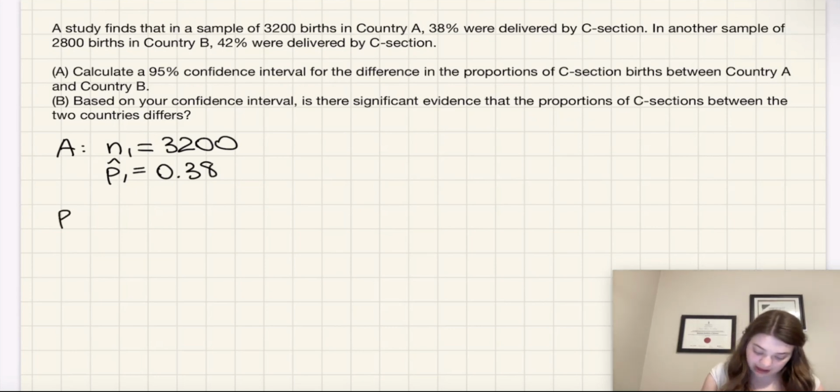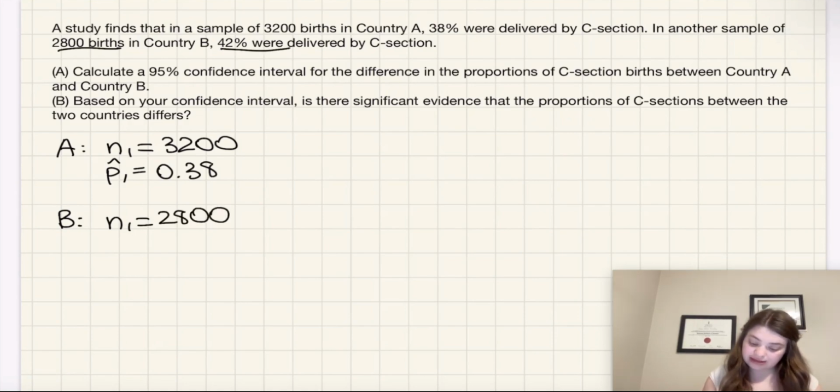Then we have country B, which was a sample of just 2,800 births. In this case, 42% of the women delivered by C section, so P2 hat is going to be 0.42. And there we go.